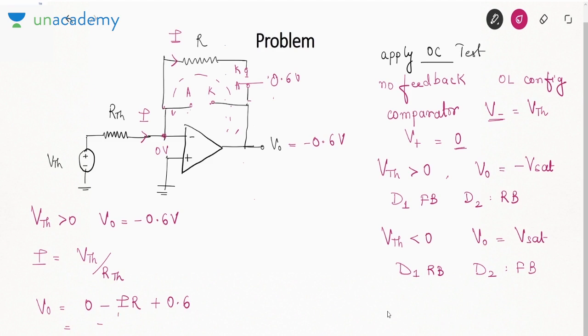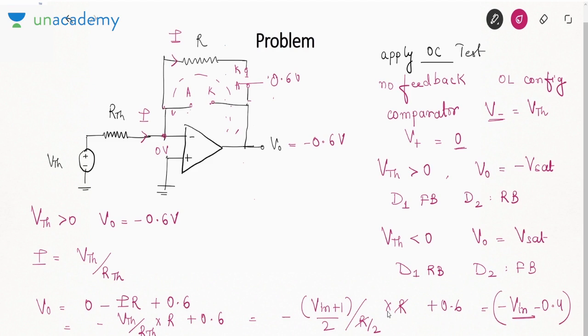So I is VTH over RTH, into R, plus 0.6. What was VTH? It was minus Vin plus 1 by 2. RTH was R by 2, into R, plus 0.6. So this R will get cancelled. So minus Vin plus 1, plus 0.6. So that is minus Vin minus 0.4.